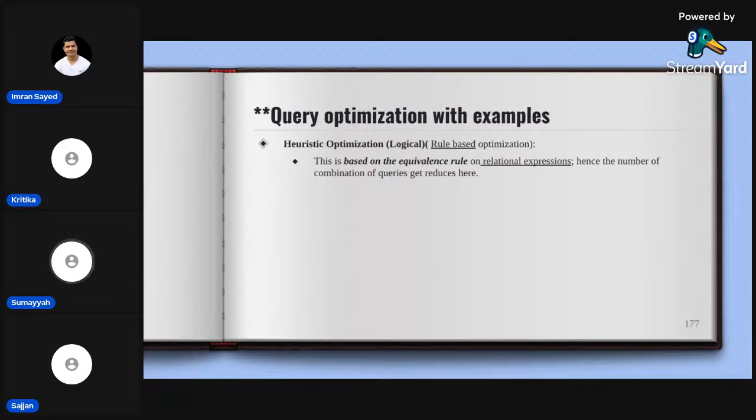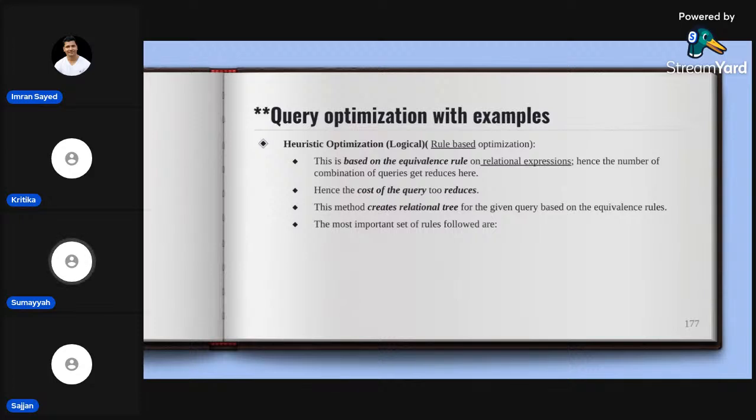Heuristic optimization, a logical rule-based optimization. This is based on the equivalence rule on relational expressions. Hence, the number of combination of queries gets reduced here. Hence, the cost of the query too reduces. This method creates relational tree for the given query based on the equivalence rules.